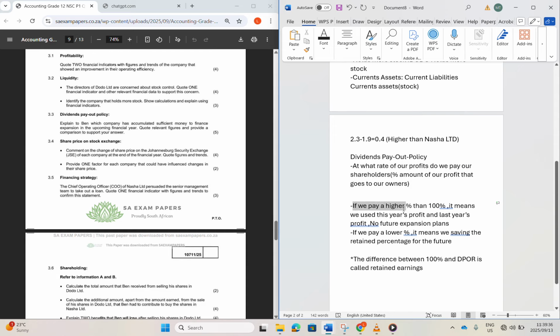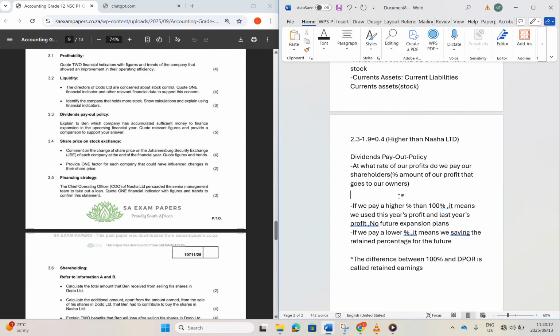If we pay a higher percentage than 100%, it means we use this year's profit and last year's profit, with no future expansion plans. If we try to satisfy the shareholders, we pay them a higher percentage, but I don't think all of them might be satisfied, because some of them are concerned with sustainability.